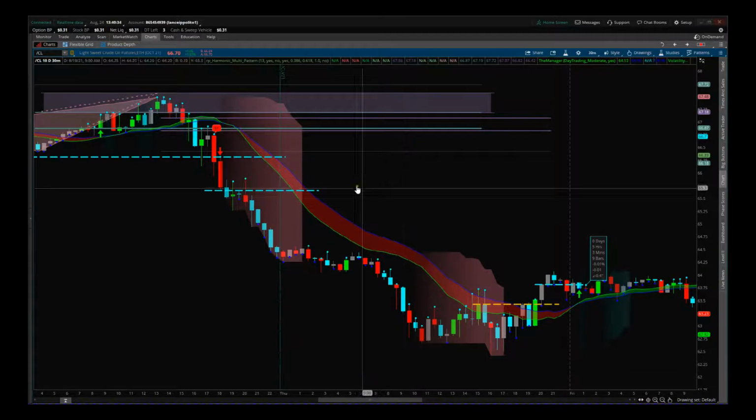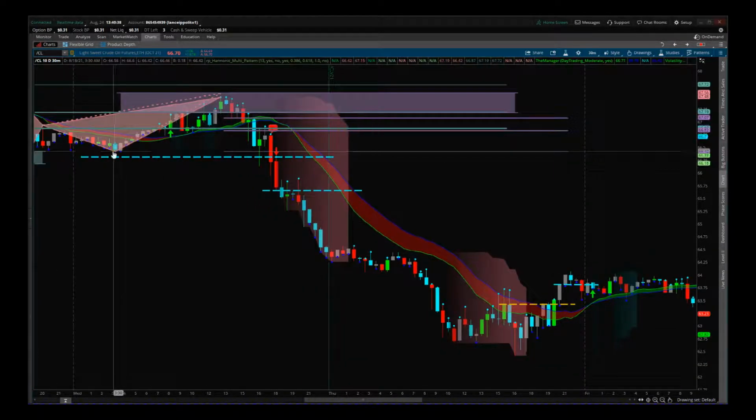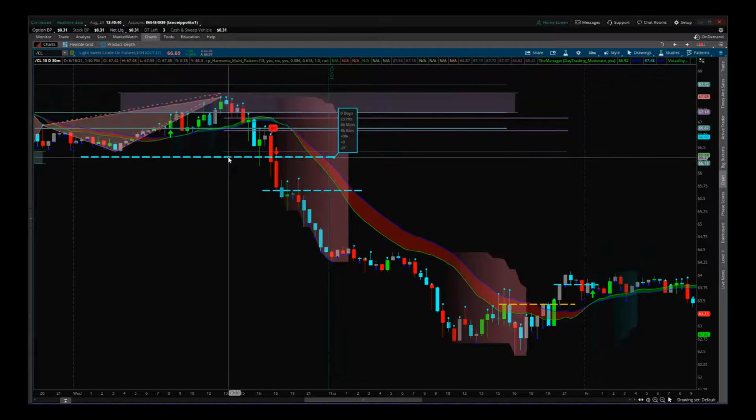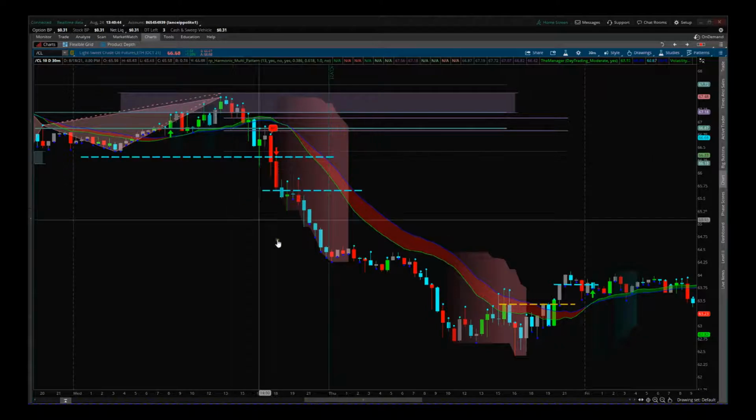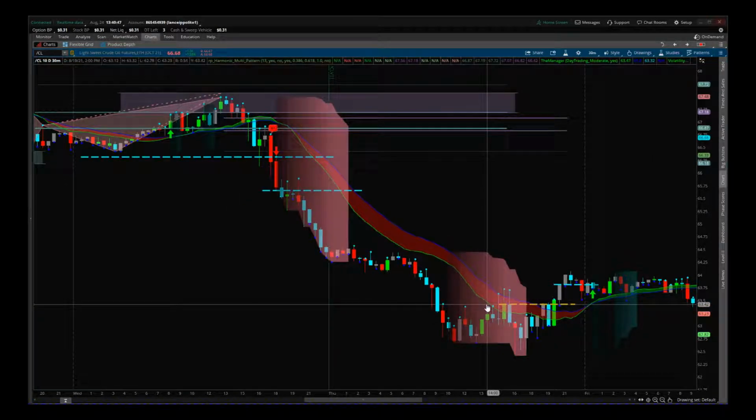So let's just have a look at those. Let's take the scenario that we go moderately aggressive on this signal here for the harmonics. If we take that aggressive exit here, that's a 289 tick move in 24 hours. Great trade.